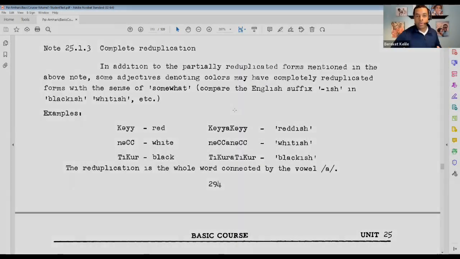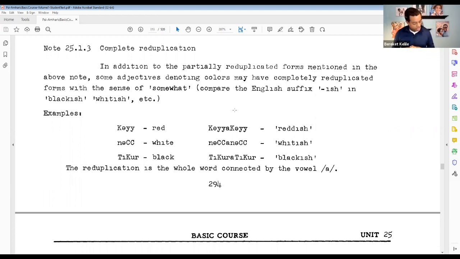And now we look at the final subpart of this first unit, and we are looking at complete reduplication, where the whole word is repeated and you have the vowel in between. And as you can see from the examples, kay becomes kayak, kay, nuch, nuch, anuch, dekor, dekora, dekor.